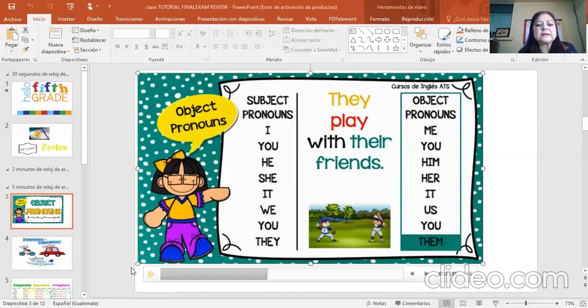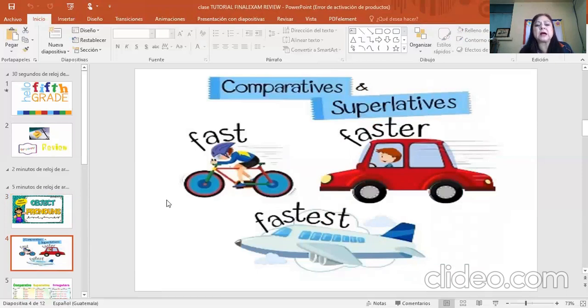Excellent. So we are taking into account the subject pronouns that go before the verb and the object pronouns that go after the verb. And here we have a short review of this topic so you can practice before your exam. We will be speaking and studying at this moment about the comparative and superlative adjectives. Remember, the adjectives are the words that qualify the nouns.